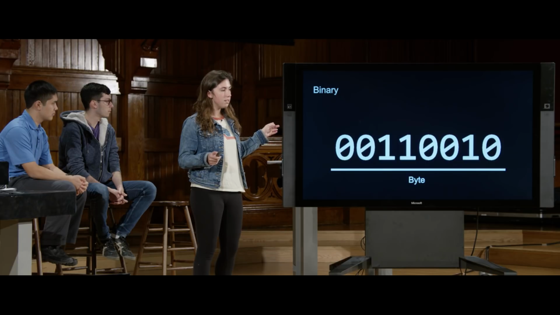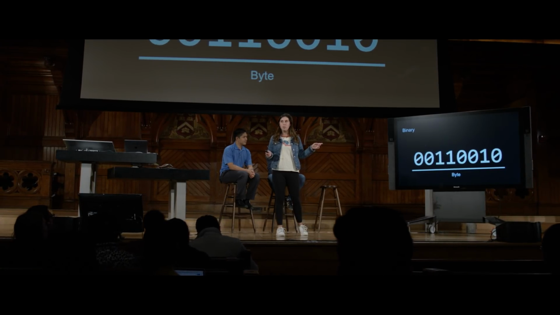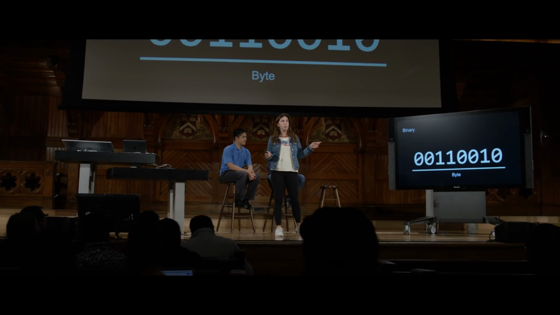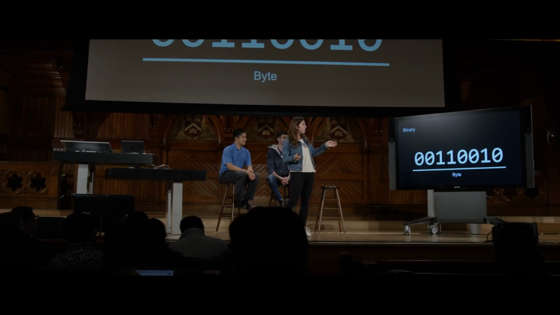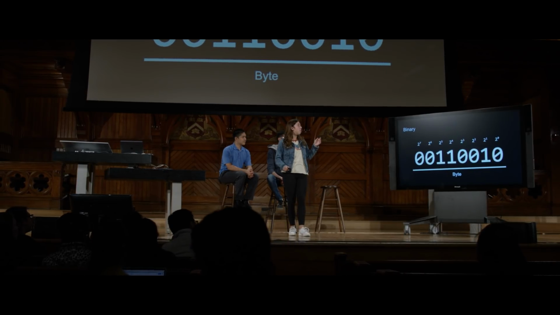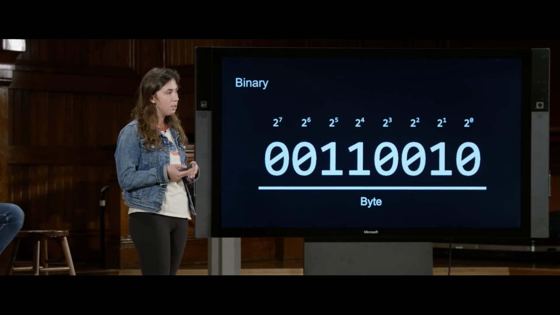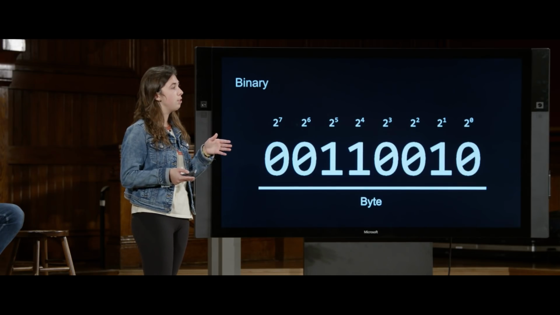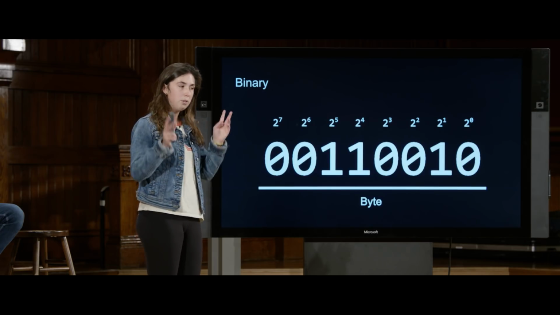Anybody know what this number is in binary? Some quick maths. It's really easy. If you guessed a number that we would put on the board, what would it be? 50, exactly. So here you can think of it sort of like a base 2 system. So we count typically with the base 10 system. You have your ones place, your tens place, your hundreds place, etc. And those are the sorts of operations that we are most familiar with in regular math.